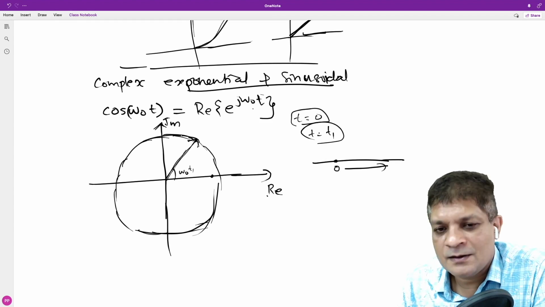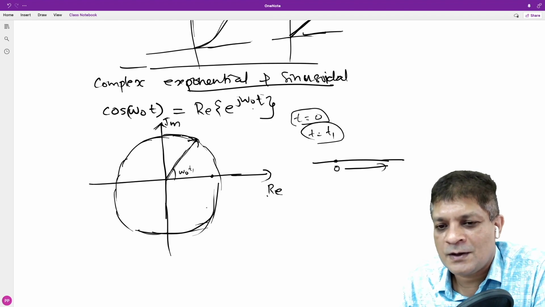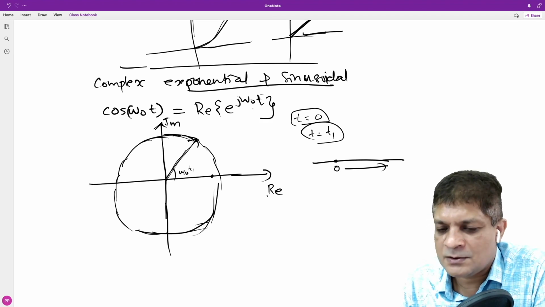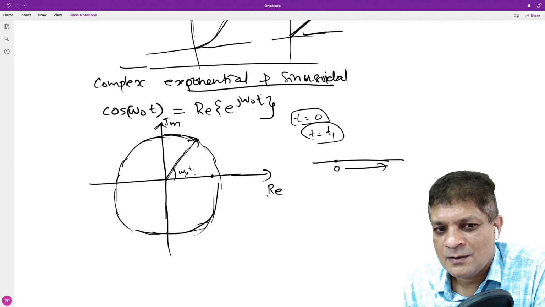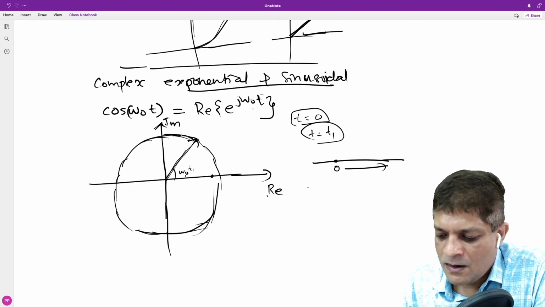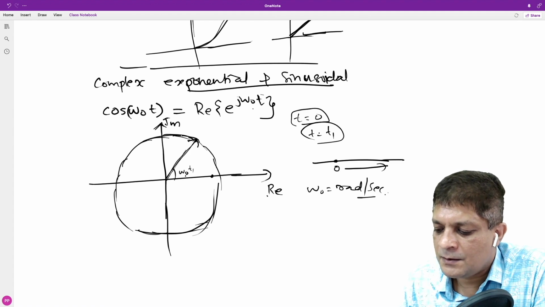Anti-clockwise direction. And that rate is why omega naught is called angular frequency, isn't it? What is the unit of omega naught? It is radians per second.